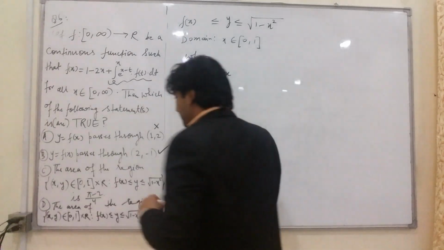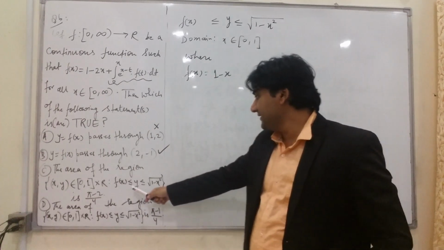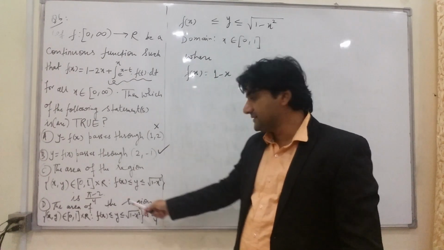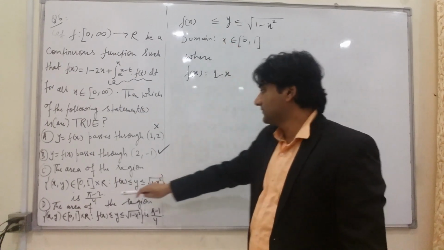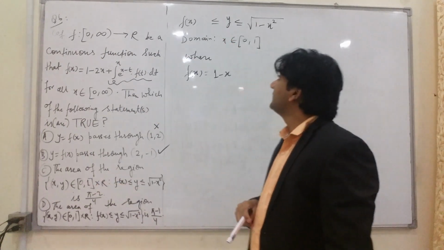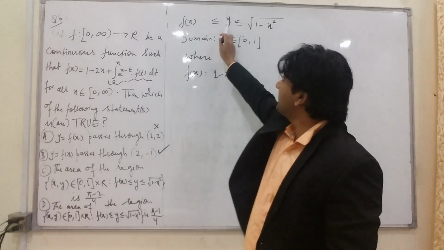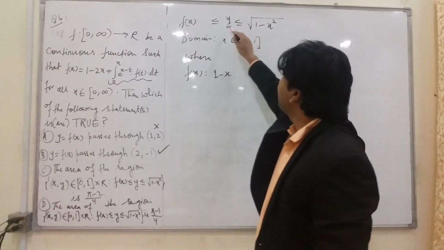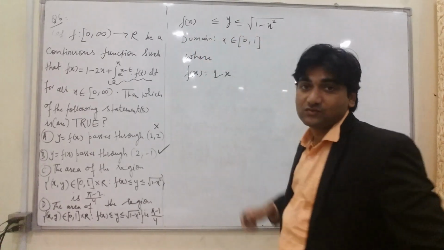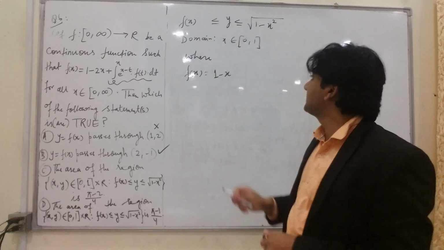Now something is given to us for option C. y lies between f(x) and root 1 minus x square, and the domain is 0 to 1. So let us understand what the portion is when y lies between this f(x) and this root 1 minus x square.